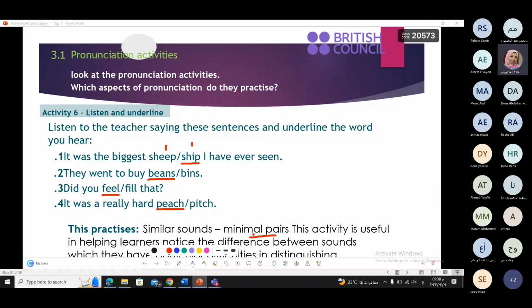We call these homophones. What did you say, Mr. Muhammad? Can you repeat the word again? Homophones, yes. Okay.